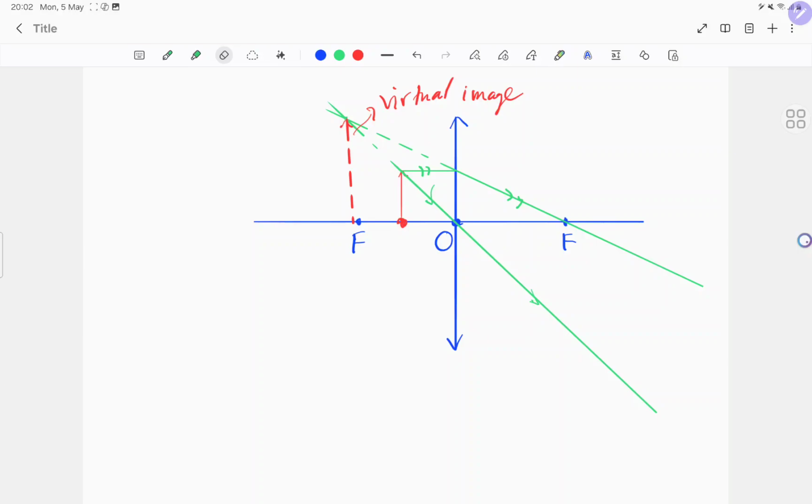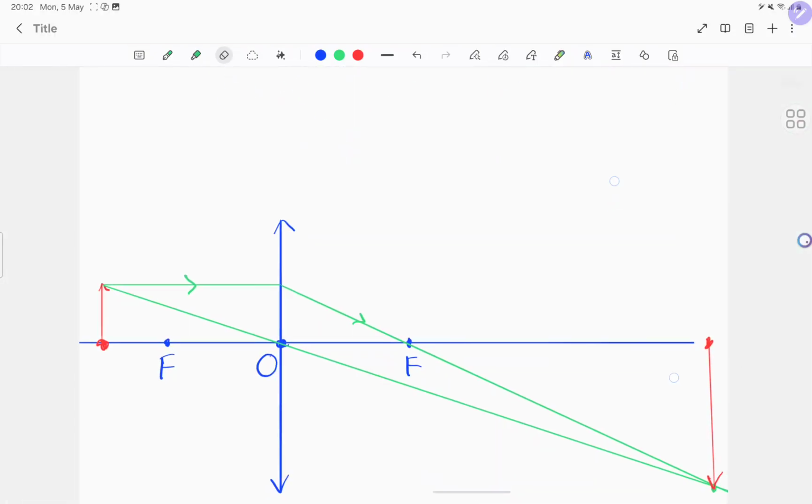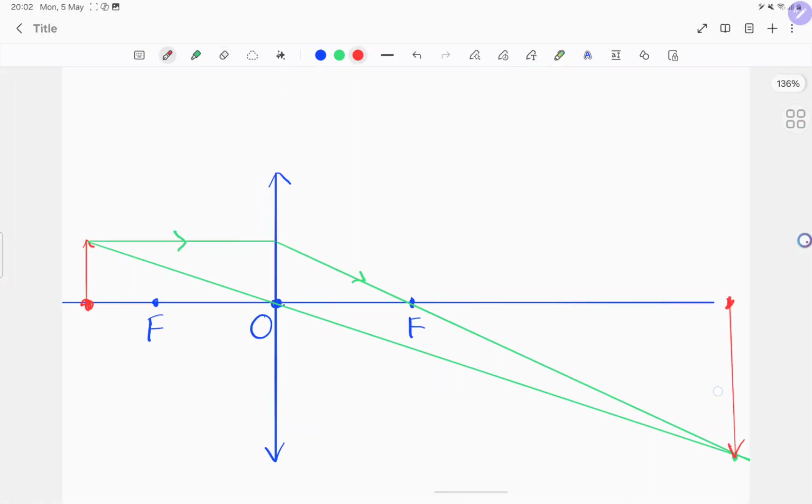We cannot see it. If we put a screen behind the lens here, then there will be no image at all. You cannot see the virtual image on the screen, but you can see the real image here. And it's called real image.